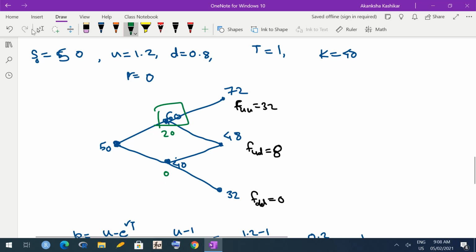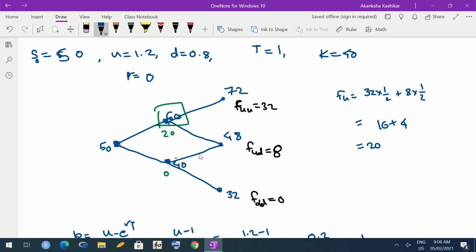So let me consider now FU. Let me compute FU. So FU is coming from these two. So 32 into half plus 8 into half. Because R is 0, I am not worried about discounting back. So it is 16 plus 4. So it is exactly 20.